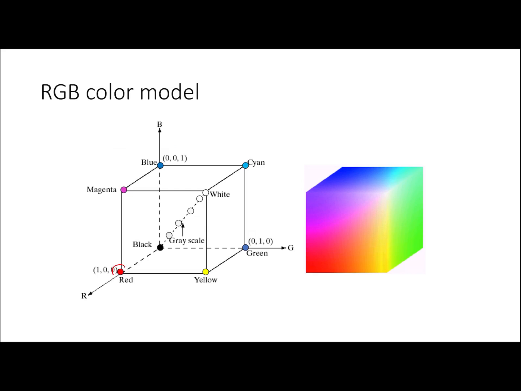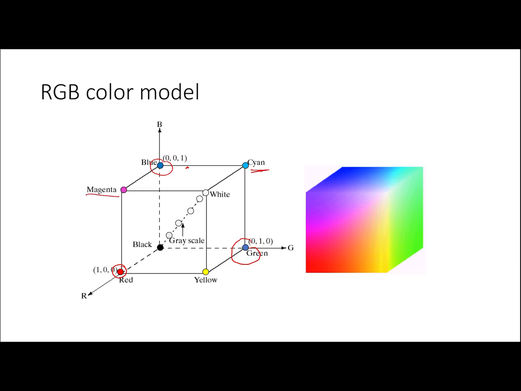The red component is placed at location 1 0 0 as shown in this diagram, and so this is the location which contains the red. This is the location which contains green, and 0 0 1 is the location for the blue point. So these RGB are along three corners of the cube in the Cartesian coordinate system.